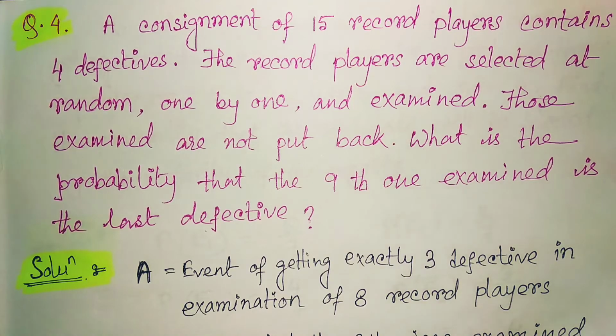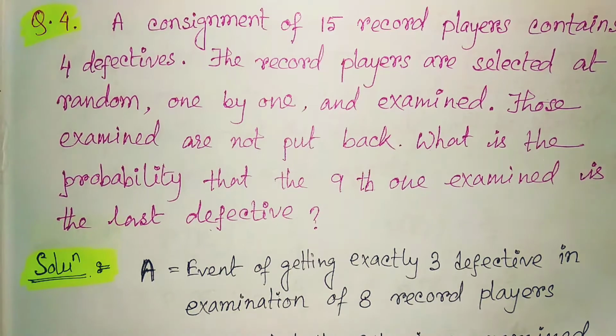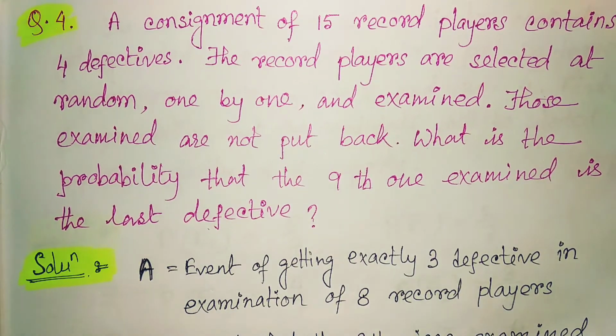Next question is, a consignment of 15 record players contains 4 defectives. The record players are selected at random one by one and examined. Those examined are not put back. What is the probability that the 9th one examined is the last defective? So initially 15 record players are there.